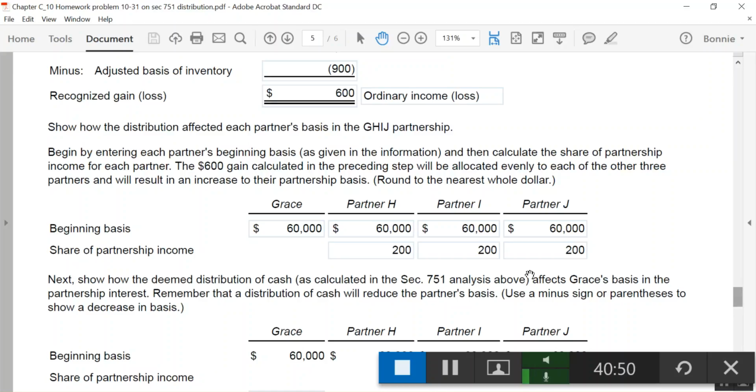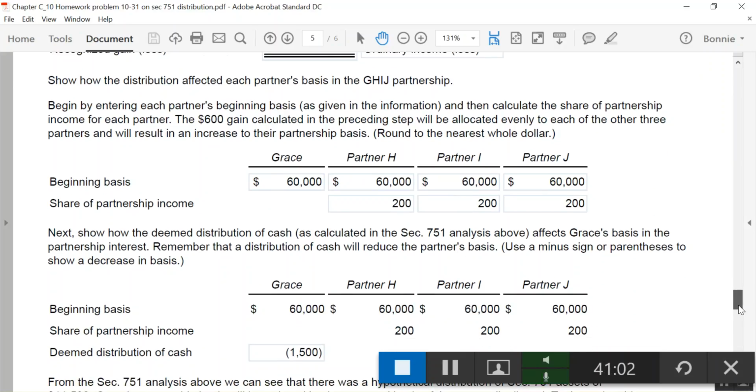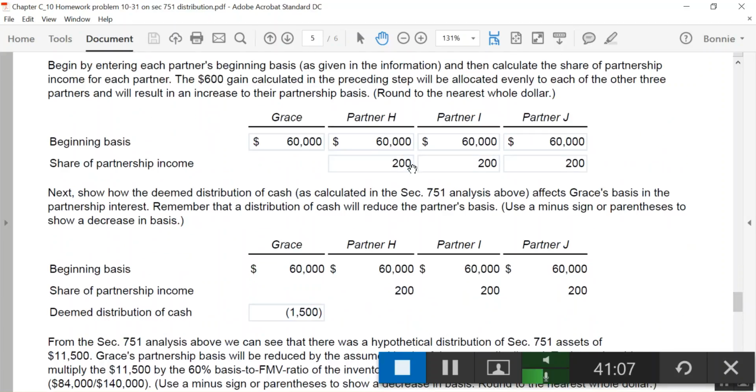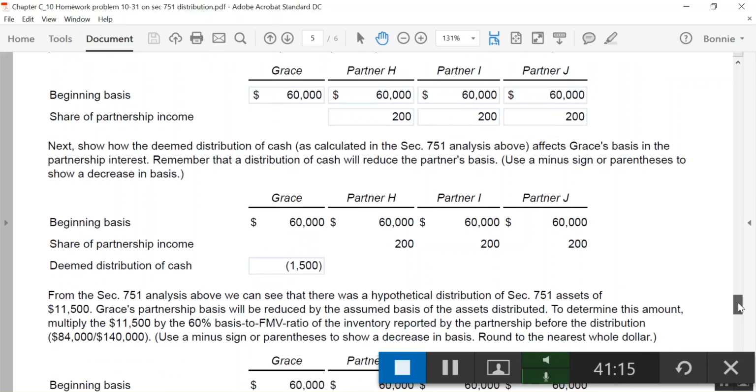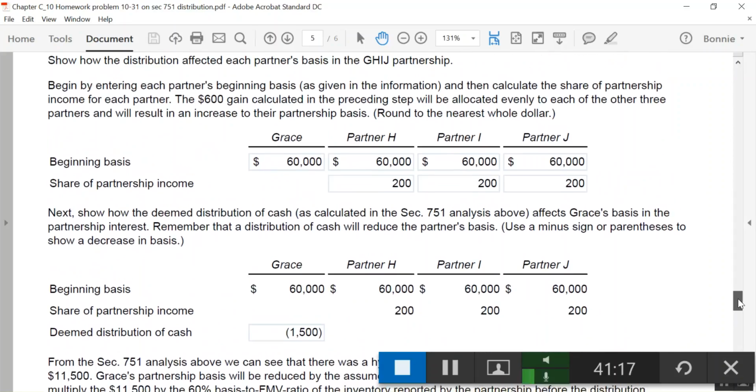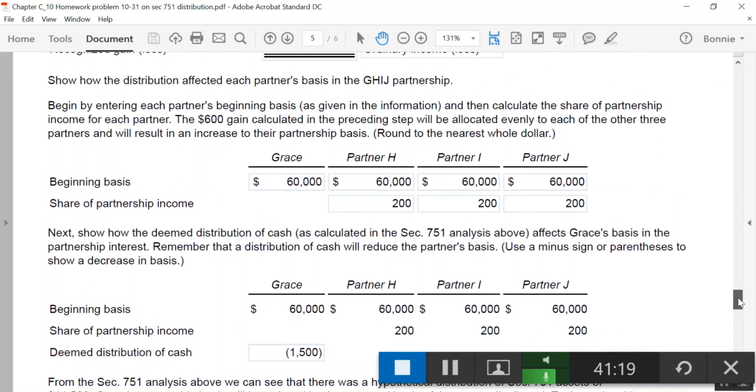I think that's because each partner is deemed to own an equal share in the partnership, 25, 25, 25, 25. So they each get $200 of the 600, and each will have an ending basis equal to the sum of 60 and 200. And then we have to show the effect of this distribution on Grace's basis.